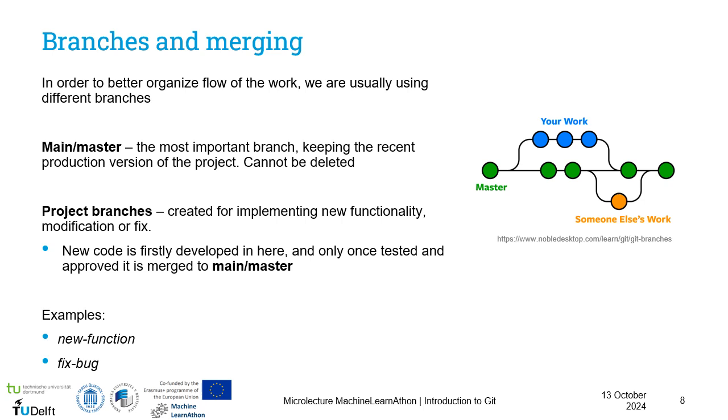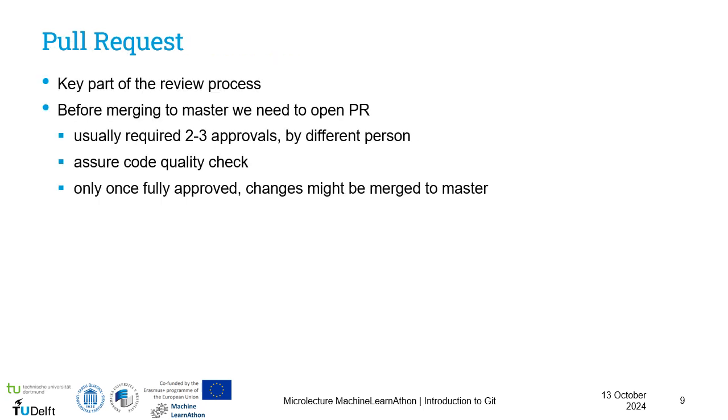So it's usually good practice to set up a new branch for maybe development of new functionality or fixing a bug, where we can develop our code in a different version, test functionality, and only once we are happy, we can merge the changes back to master.